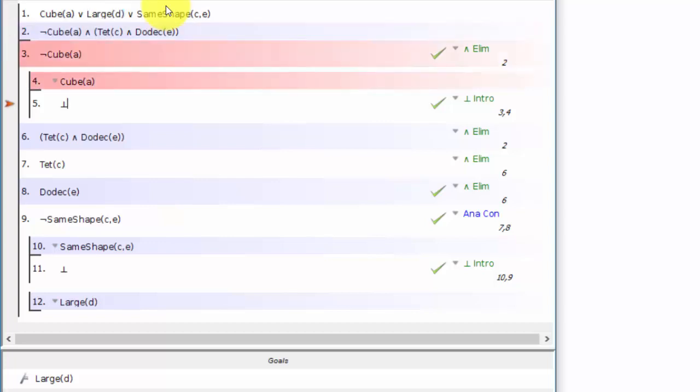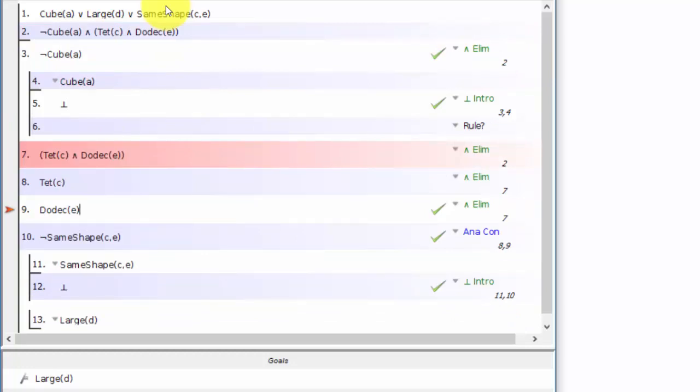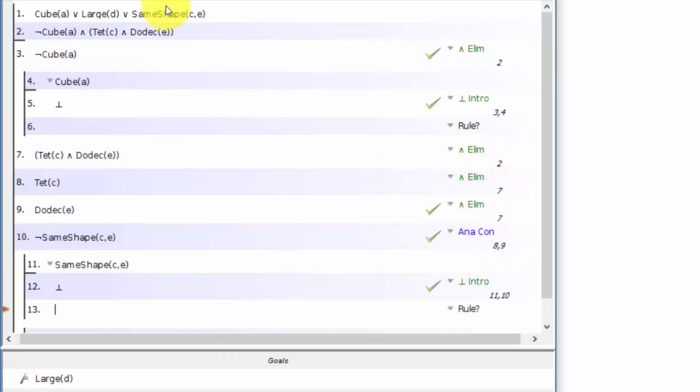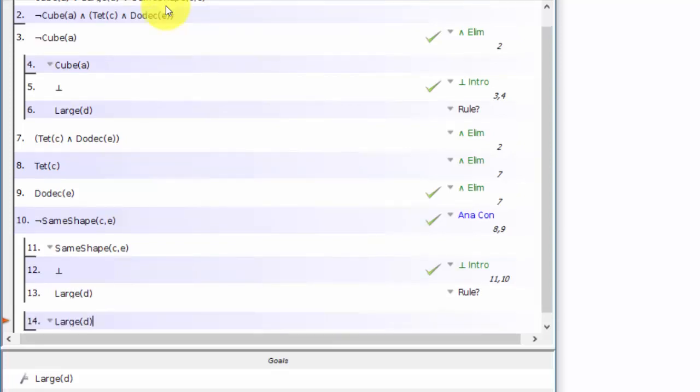If I can, in each of these subproofs, get that D is large, so here, so 13, 14, and 6, then by disjunction elimination, I'll be able to infer D is large, which is the right result given the argument.